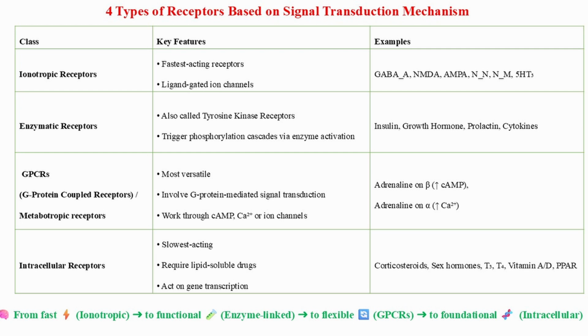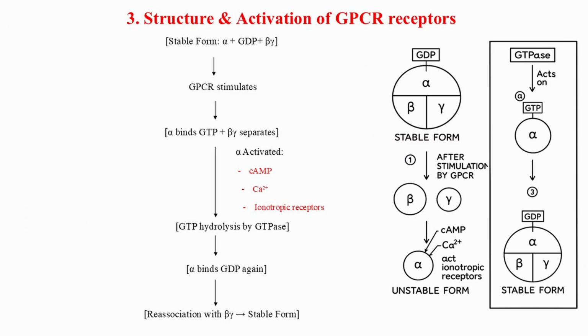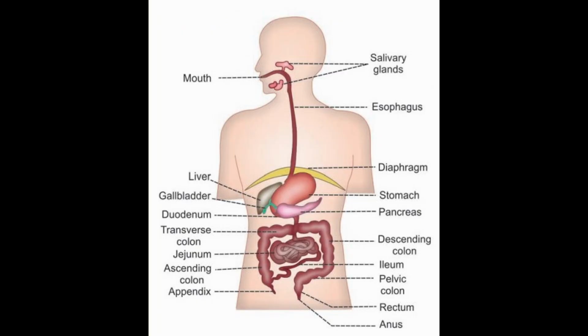Coming to the next is GPCRs, that is G protein coupled receptors, the most versatile and flexible of all the receptors. These work through G proteins inside the cell, triggering secondary messengers like cAMP or calcium or directly affecting the ion channels. They can amplify signals and fine-tune body responses, handling everything from the heart rate to the mood to the digestion.